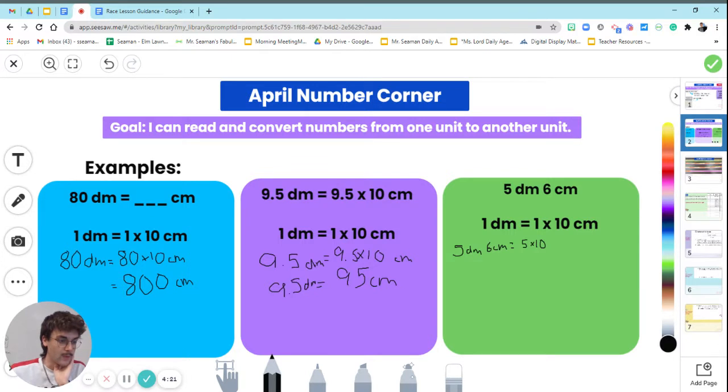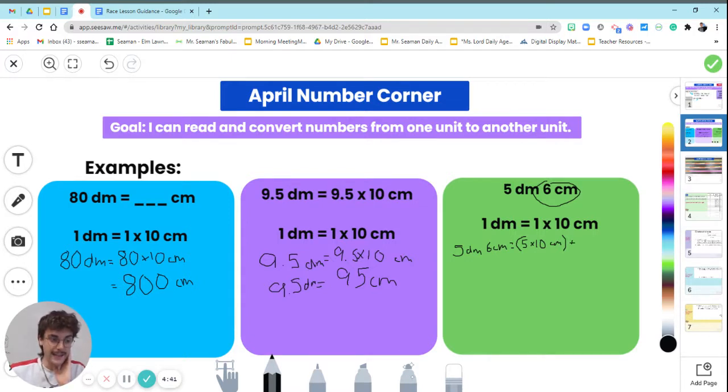Remember, we only have to multiply the decimeter amount by this formula because our 6 is already in centimeters. So we're going to put this in parentheses, so that we're not multiplying the 5 by 6.